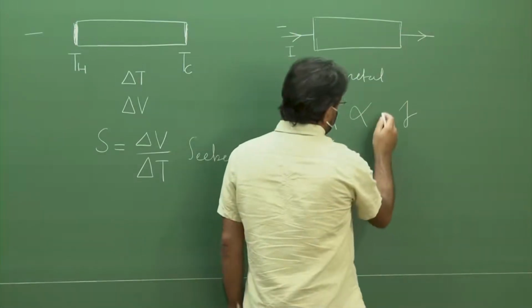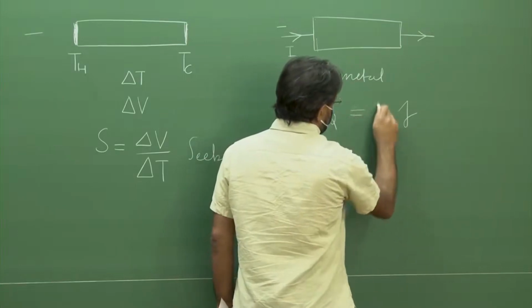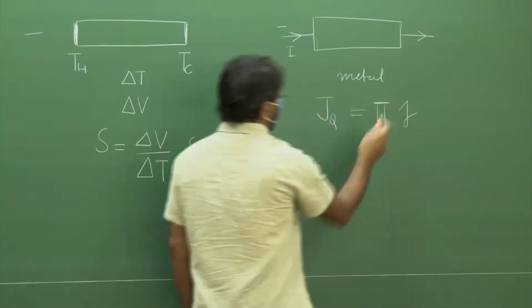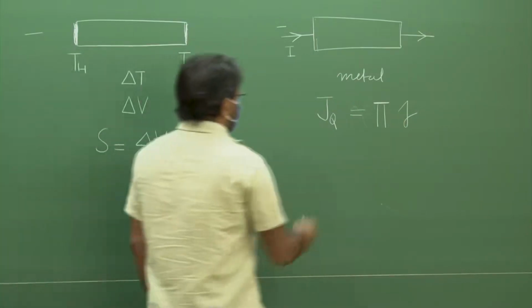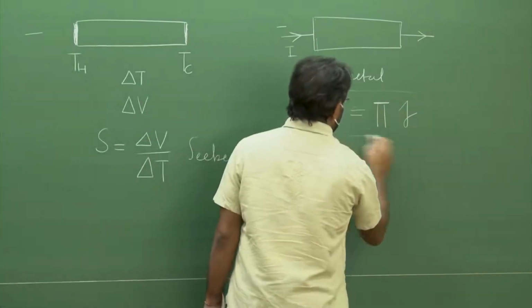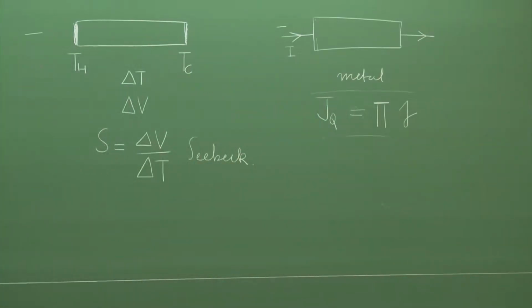Okay. And this proportionality constant is called the Peltier coefficient, which is denoted as pi. This is the Peltier coefficient. So, this is once again a remarkable property of metals, that when you draw current through them, you get a temperature gradient. So, these are some of the properties that we are going to look at, which are listed over here.